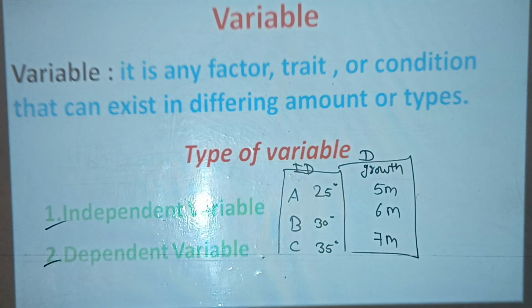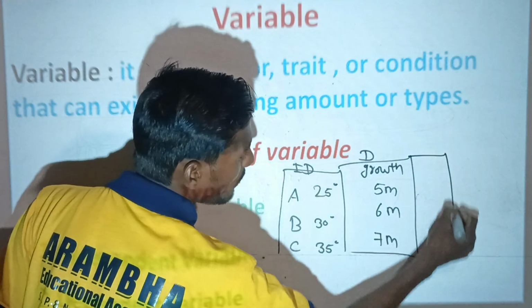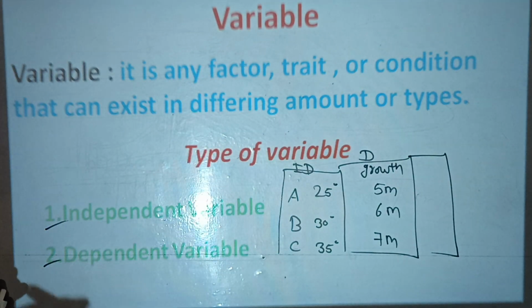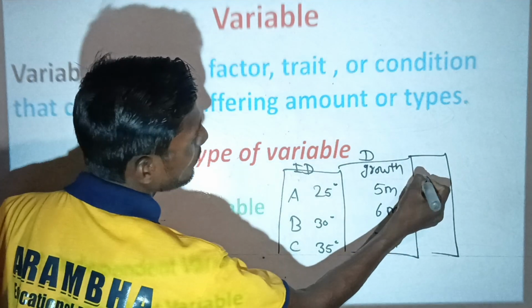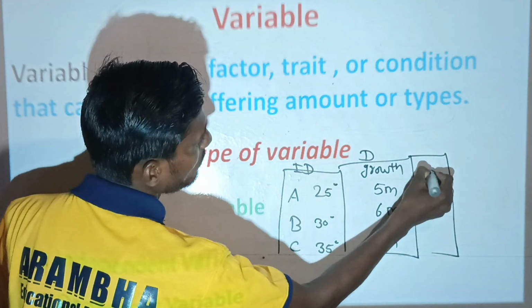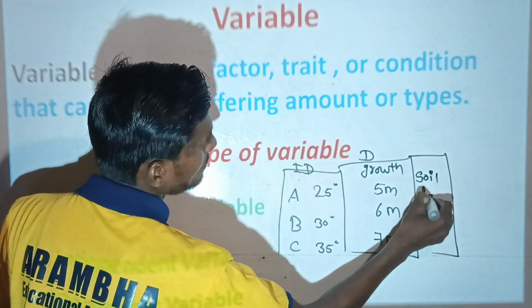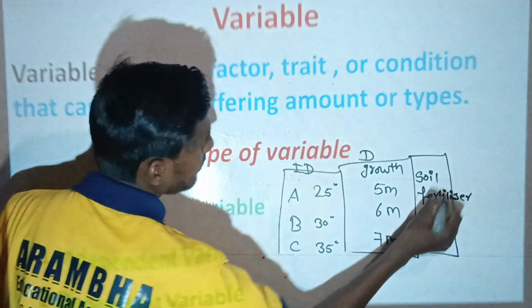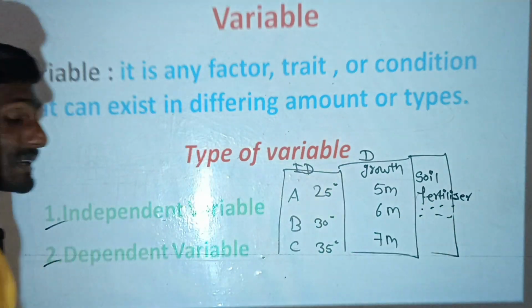After that, if you are growing a plant, then the type of soil and the amount of fertilizer supplied, these are the same. Likewise soil, fertilizer, and many more things, we keep constant here.